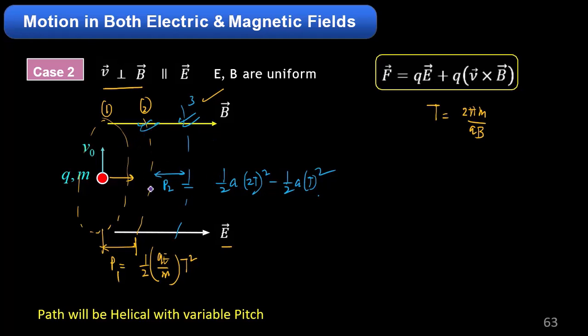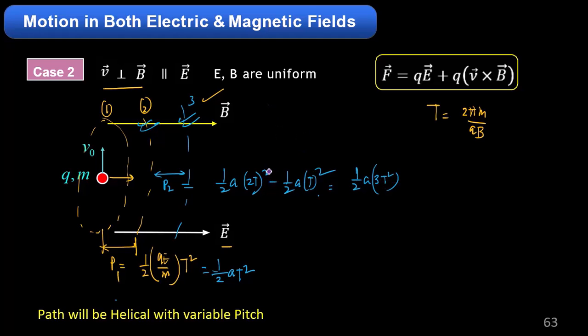So the difference between these two distances is nothing but P2. If I simplify this, it is 4T square minus T square, which means 3T square. So half a into 3T square. Initially, the first pitch is half a T square, and the second pitch is half a into 3T square.